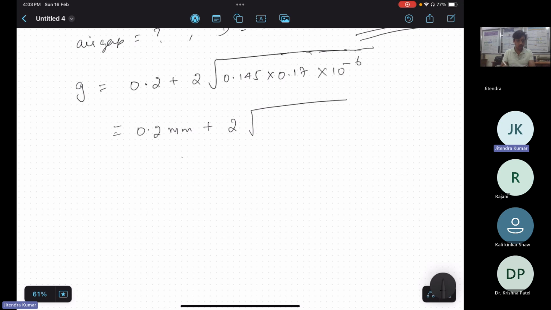If you multiply 0.145 into 0.17, you will get 24.67 into 10 power minus 3. 0.26 into 10 to the power minus 3 is out of the under root, right? So it is also in mm. If we remove 10 to the power minus 3, it is in mm, right?